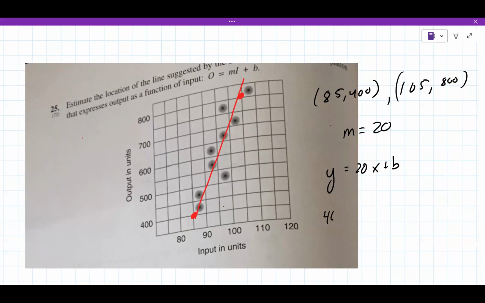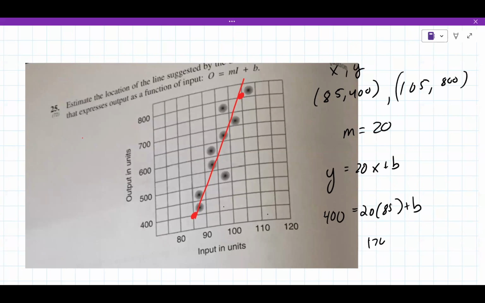Okay, so x comma y, 400 equals 20 times 85 plus b. So you have to multiply 20 by 85, which you look at and you're like, wait, where's my y-intercept? Well, again, this thing isn't scaled well. It's way down. You can't even see it there.